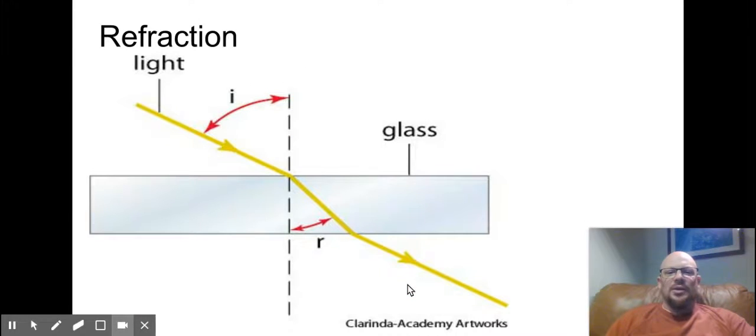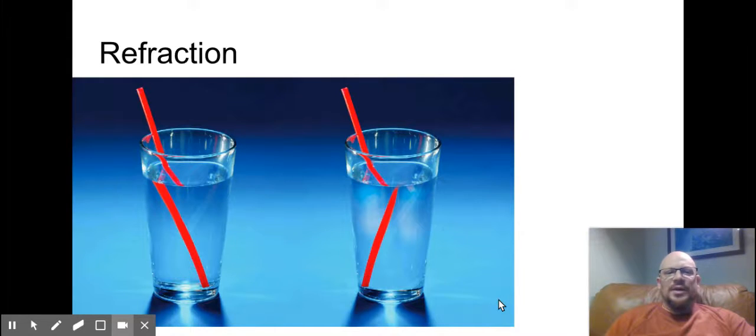Another illustration here we have of light going through glass. The light comes in at one angle, changes direction, goes out at that original angle again. So that light bends as it goes through that plane of glass.